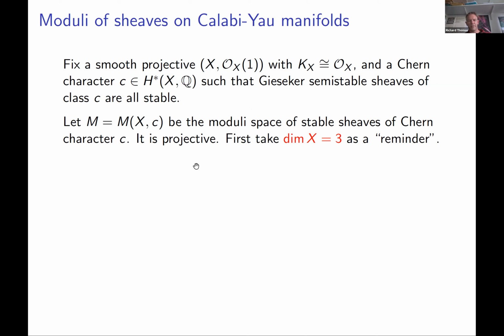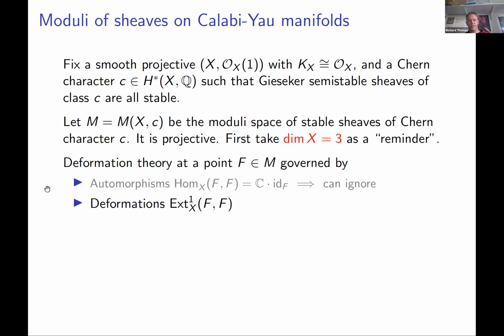And so very briefly, I'm going to remind you, in the way that mathematicians use the word reminder, what happens when you're on a Calabi-Yau threefold, and then I'll tell you how we change things on a Calabi-Yau fourfold. Okay, so this is the so-called classical theory from 25 years ago on a Calabi-Yau threefold. What you find is you do some deformation theory to look at the local structure of this moduli space.